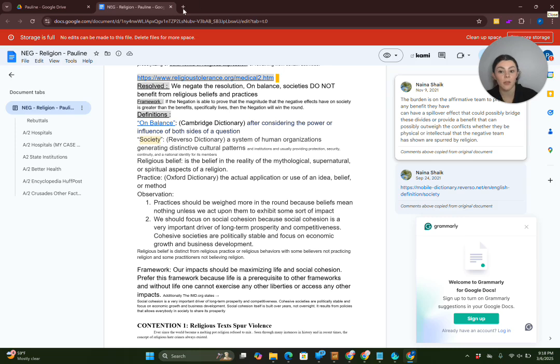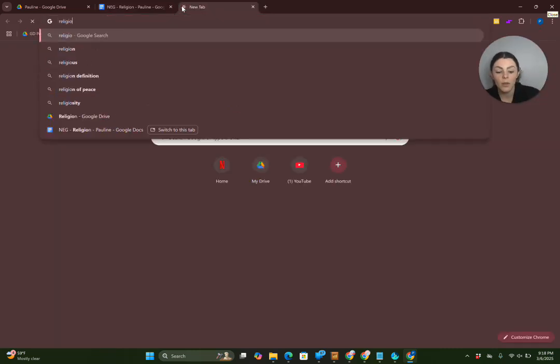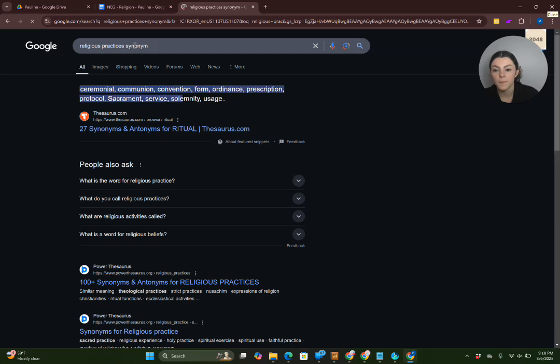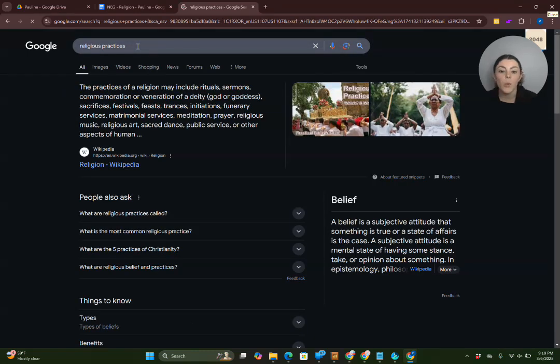Religious practices, let's look up the definition. Rituals, sermons, commemoration, veneration of deity. Yes, this is from Wikipedia, but overall it's pretty true.